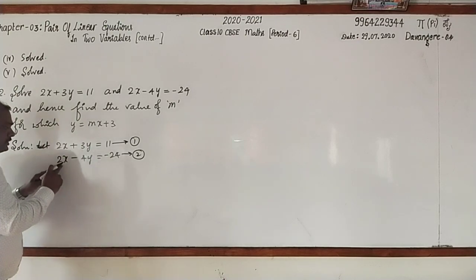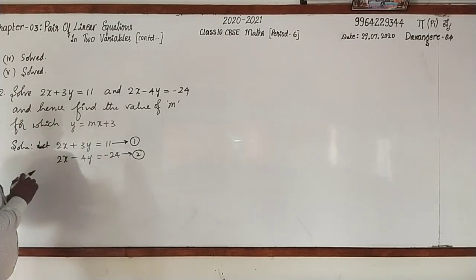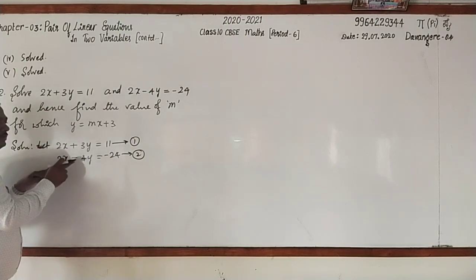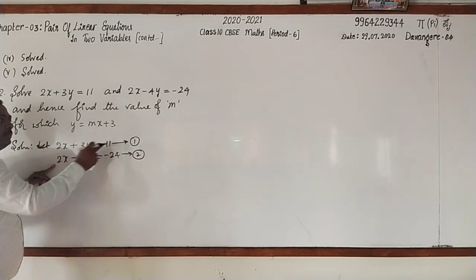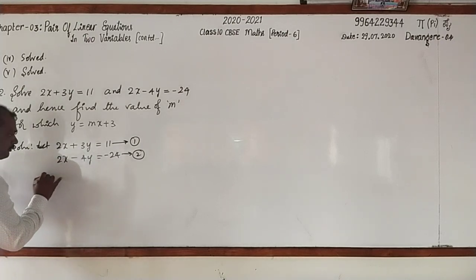But because all the terms are the multiples of 2, I won't go for that. The reason is, here the coefficient of x in first equation is 2. Even it is also same in equation 2, coefficient of x is 2 in both the equations. Hence, directly we can go for solving them.